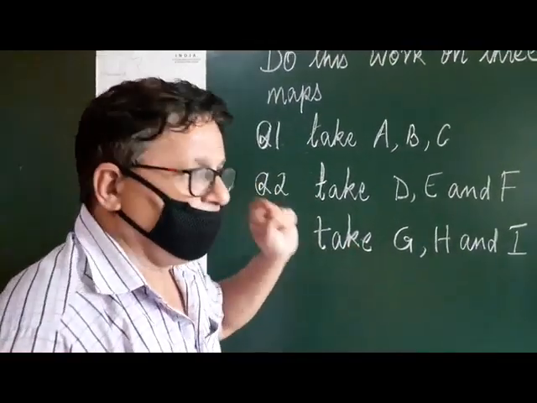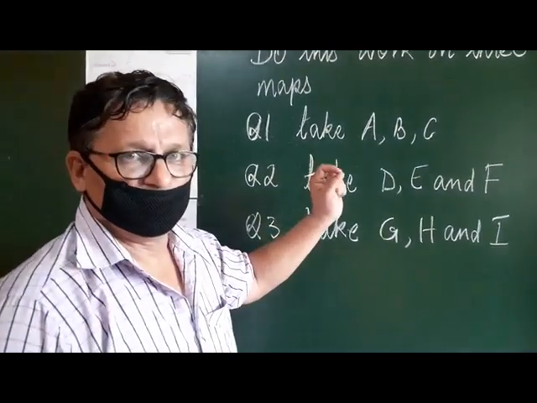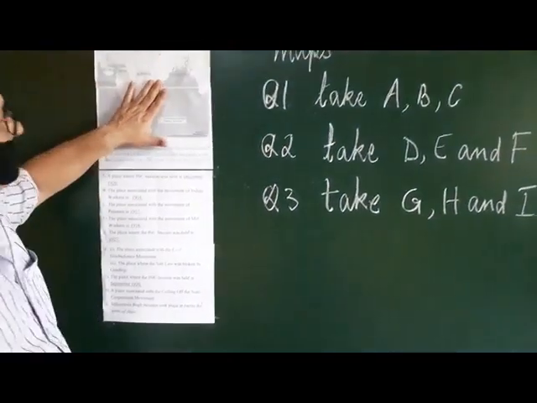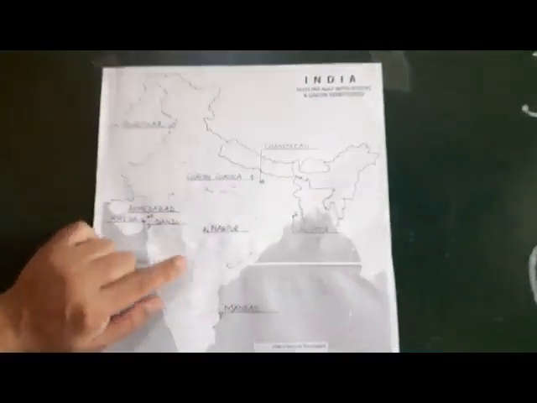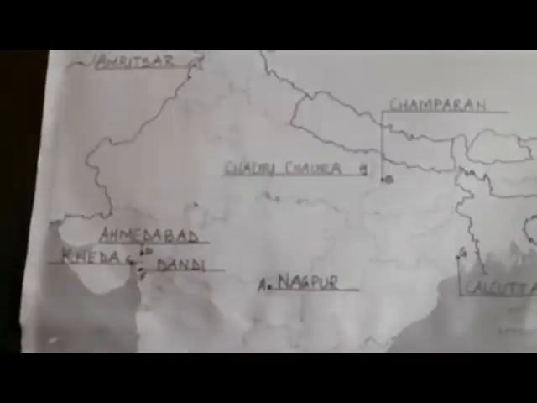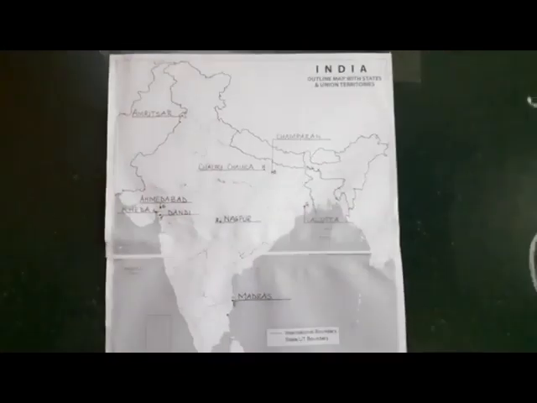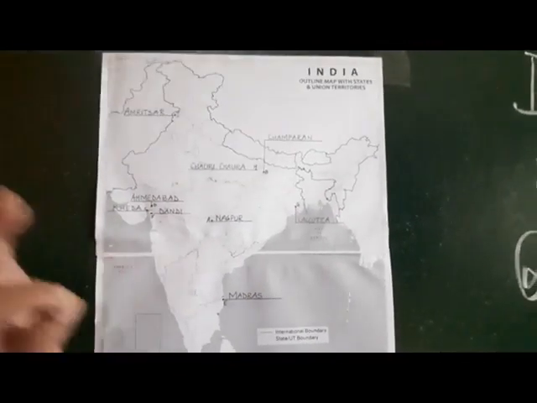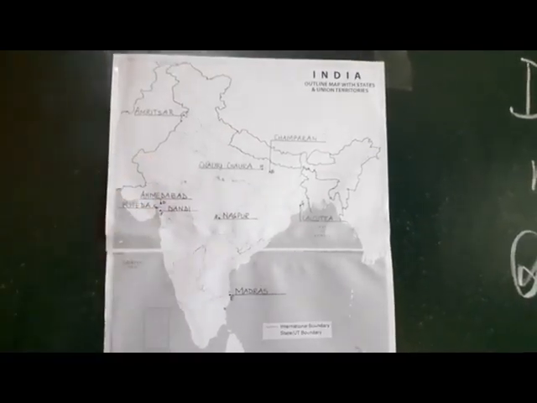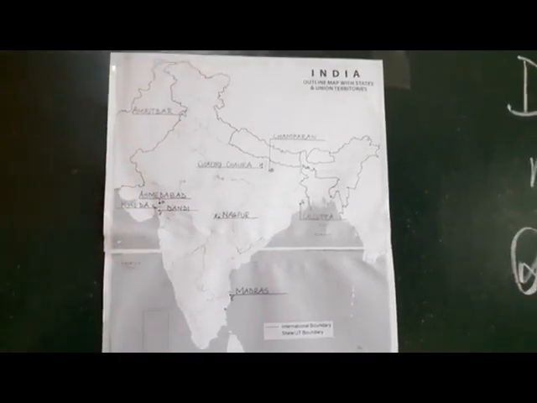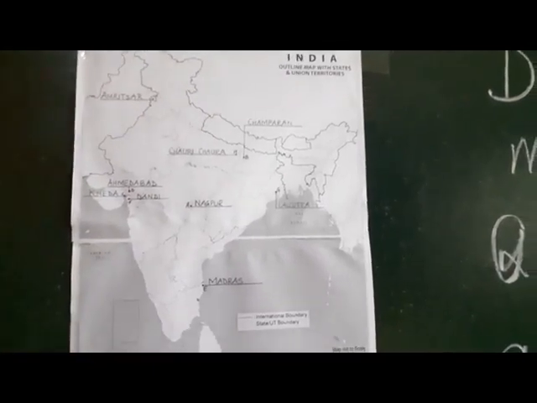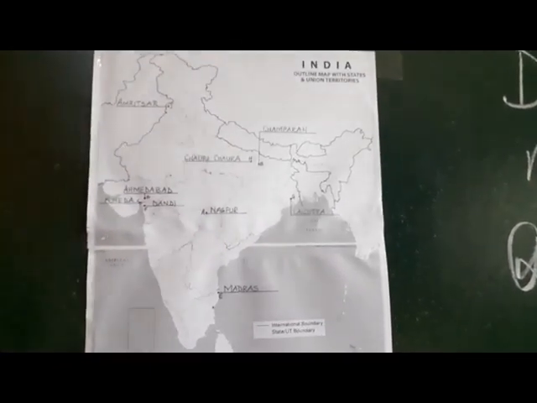Map work should always be done in pencil. Like here, I have done it in pencil. That is why you find it very light. Map work has to be done in pencil. First, do it very lightly. If you are absolutely sure, then do it that way. But boys and girls, do not use a pen while doing map work.